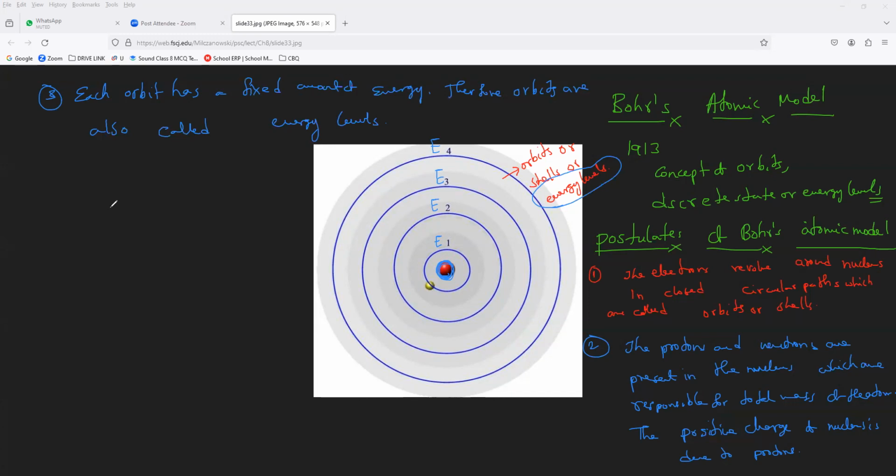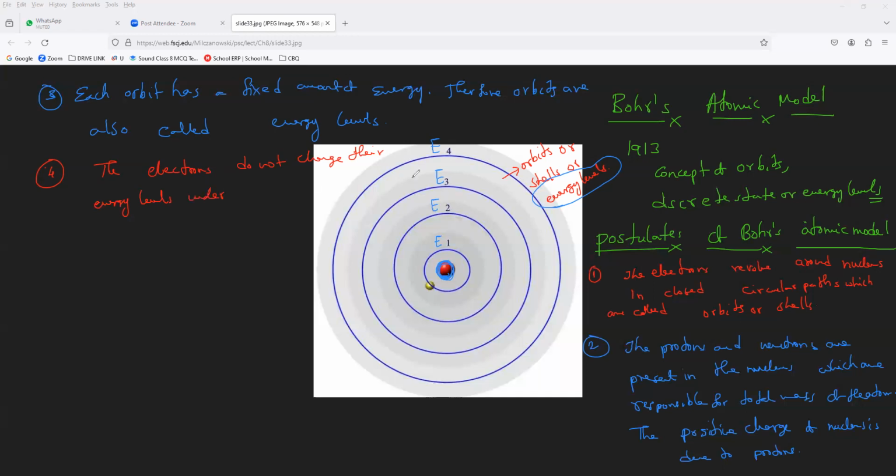Next. Fourth point. The electrons do not change their energy levels under normal conditions.